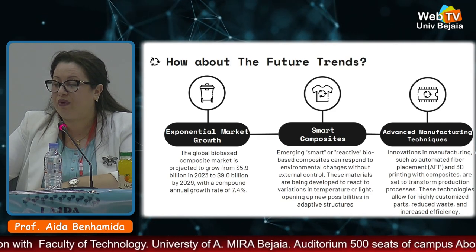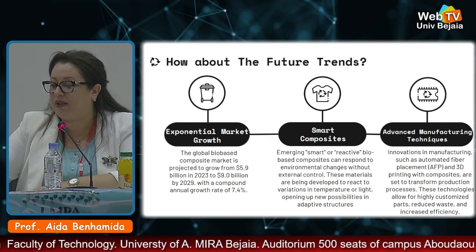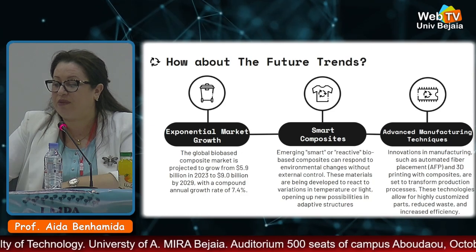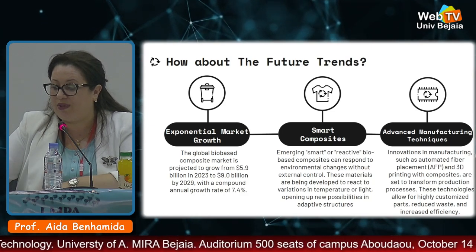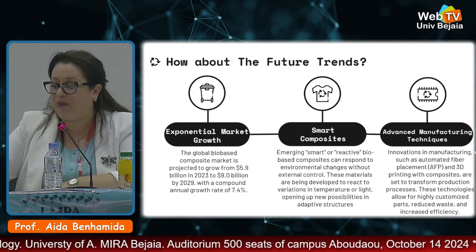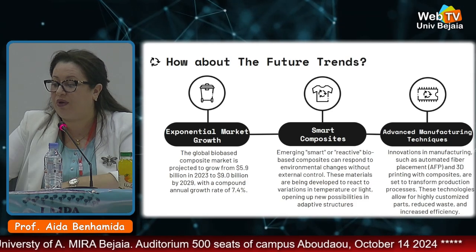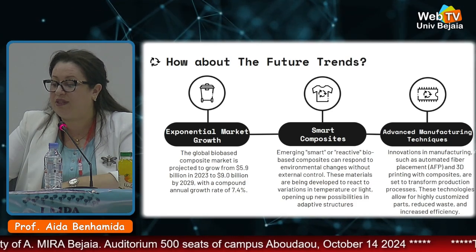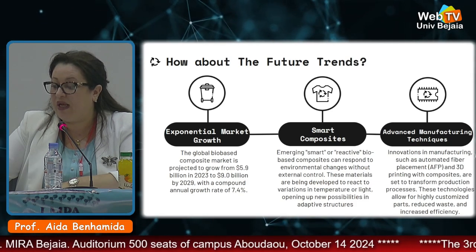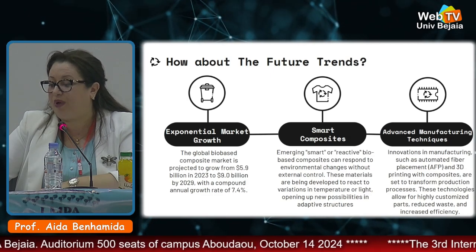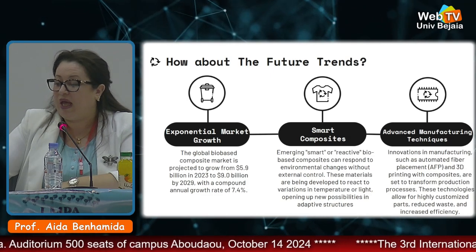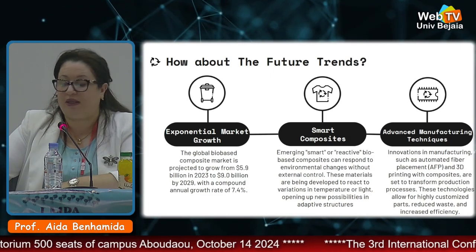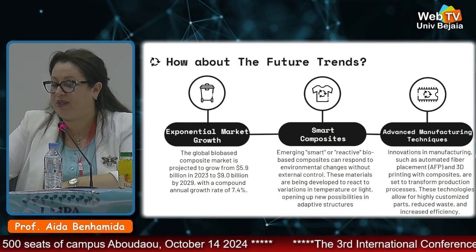We have now actually in the market smart composites. Emerging smart and reactive bio-based composites can respond to environmental change without external control. These materials are being developed to react to variations in temperature or light, opening up new possibilities in adaptive structures.